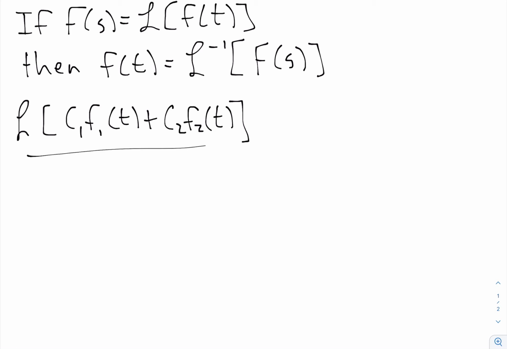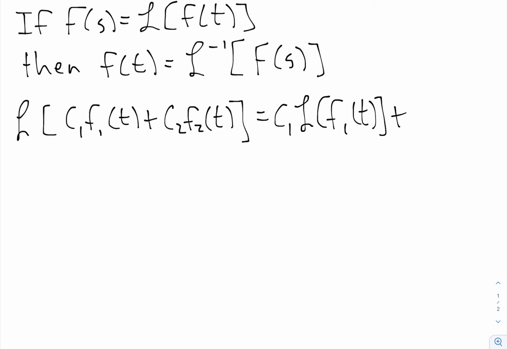If we take the Laplace transform of the sum, this is just going to equal c1, because that's a constant, that's what the c stands for, times the Laplace transform of f1 of t, plus c2 times the Laplace transform of f2 of t.